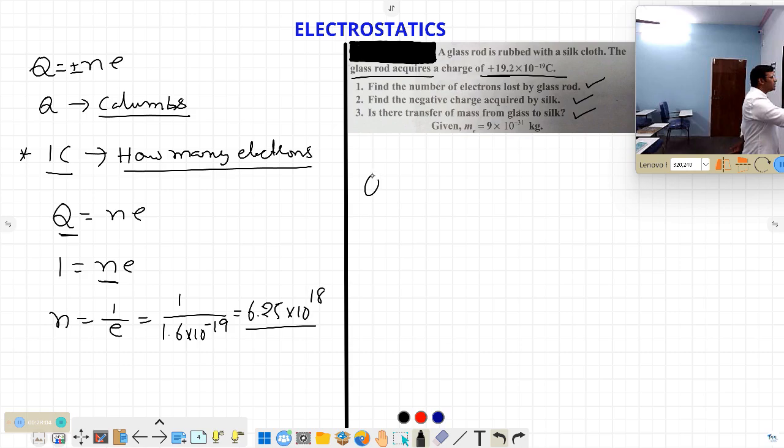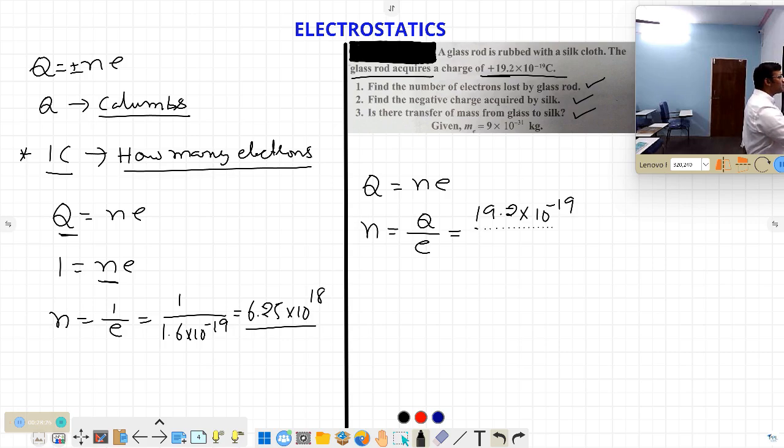The number of electrons lost by the rod we can calculate using quantization of charge, Q is equal to N E. So the number of electrons N is equal to Q by E. How much charge is there? 19.2, this is the acquired charge. So N is 19.2 into 10 power minus 19 coulombs divided by the charge of the electron.